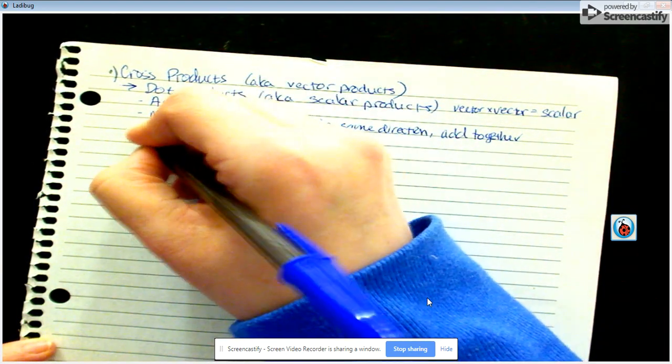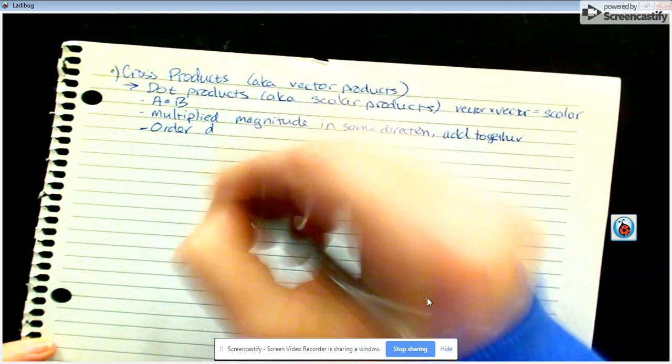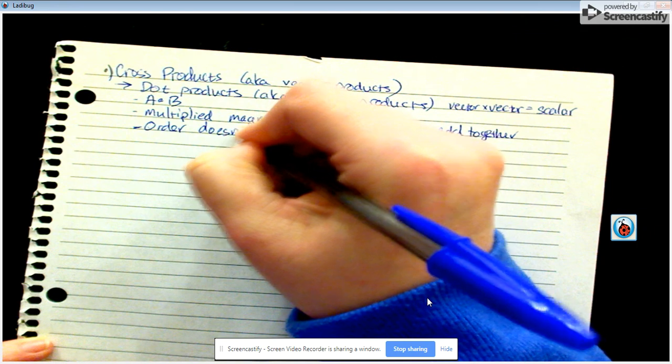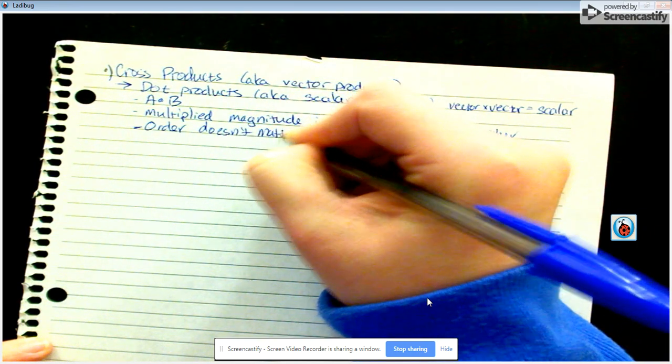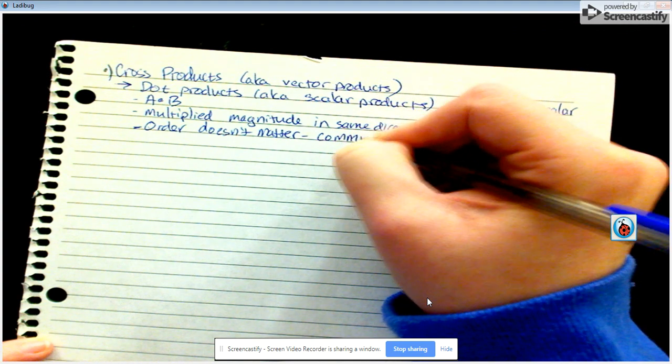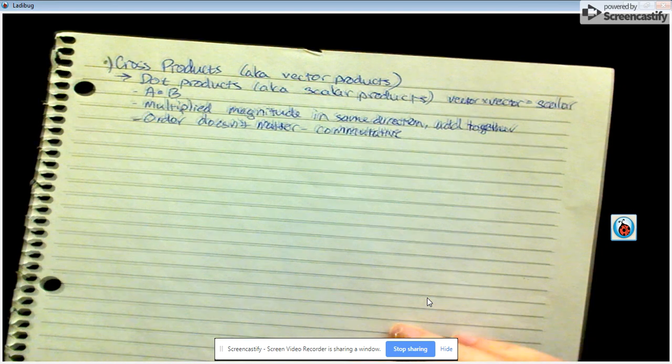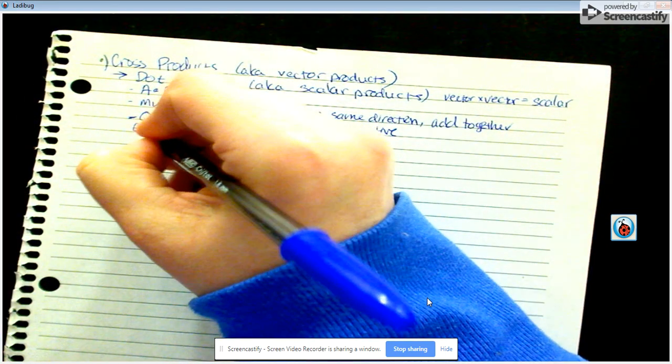Now, when we did these, the order of our vectors didn't matter, and I'll show you an example next. So for your math nerds, this is a commutative equation, I guess.